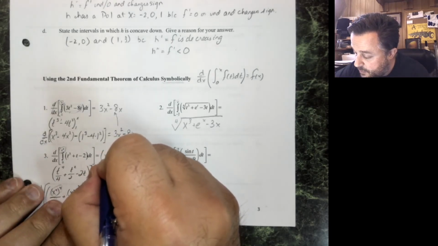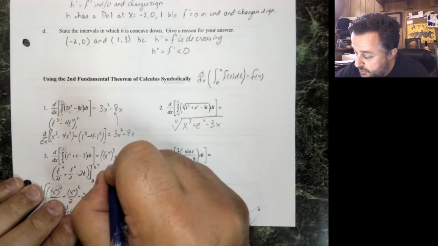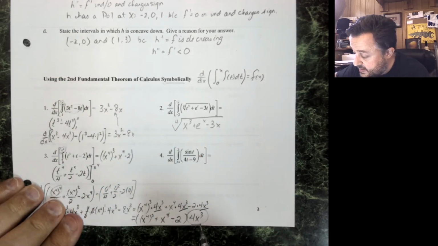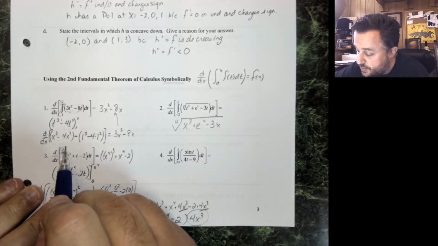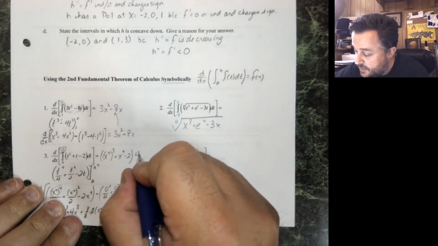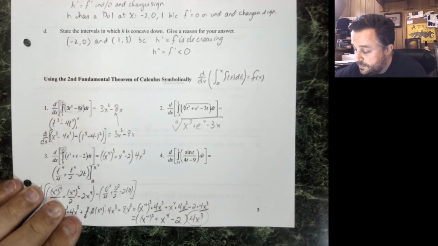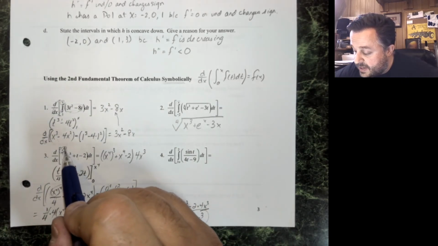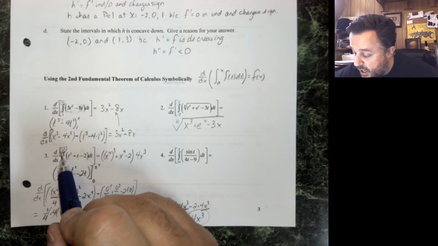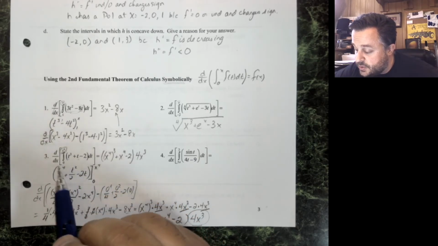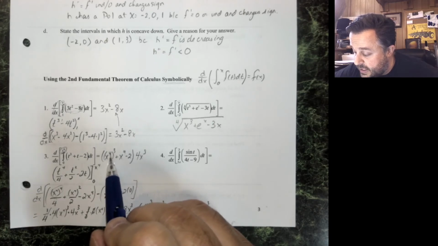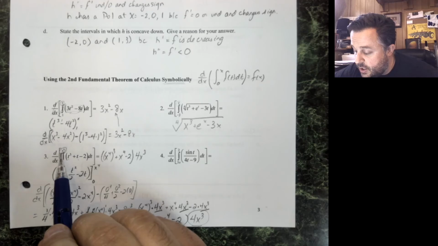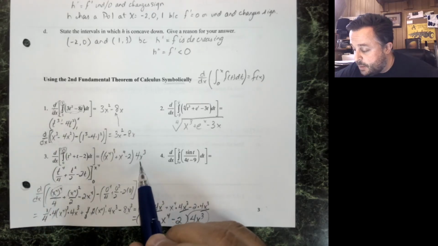This is just the derivative of x to the 4th. So when our upper bound is a function of x, because we are deriving, it is going to be the derivative evaluated at x to the 4th times, here's the chain rule, the derivative of that upper bound.